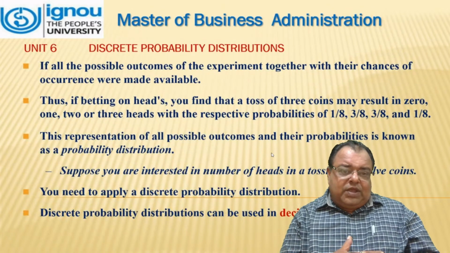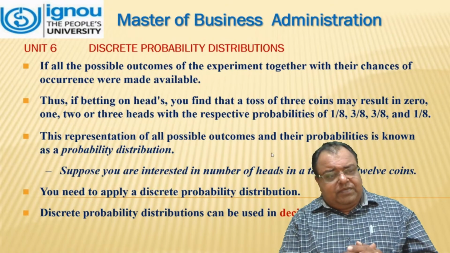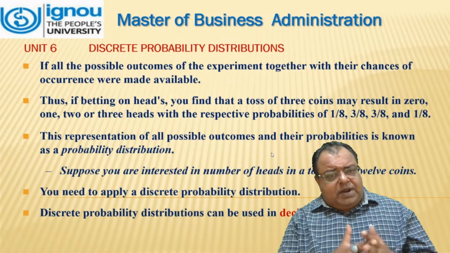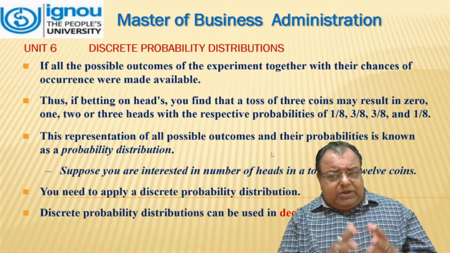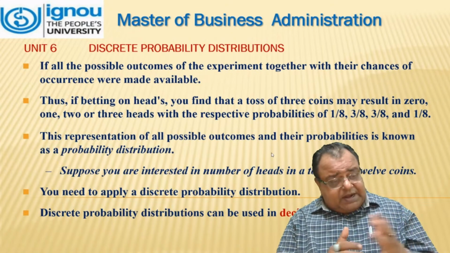Now, we move to discrete probability distribution. If all the possible outcomes of an experiment together with their chances of occurrence are made available, these are the conditions.